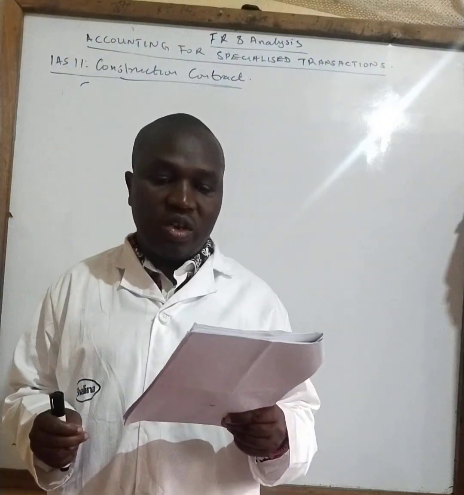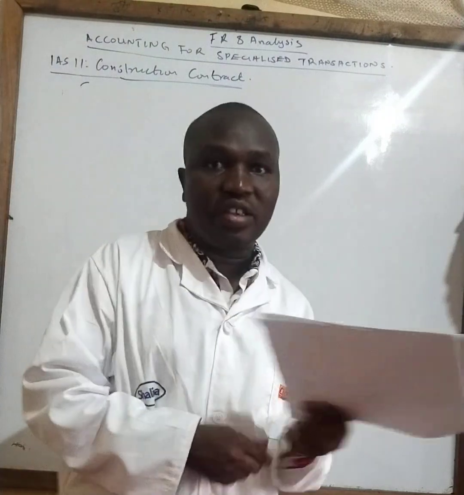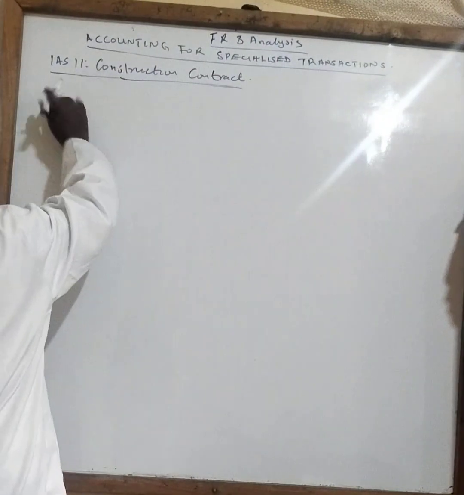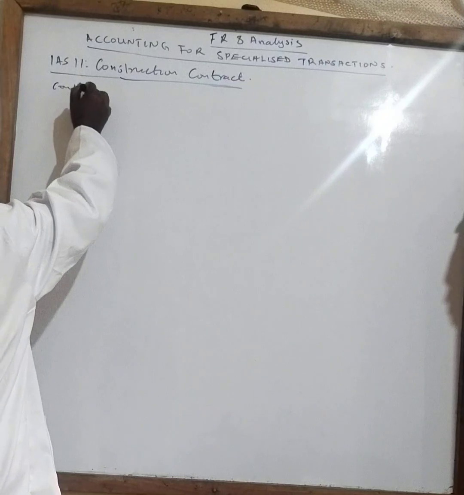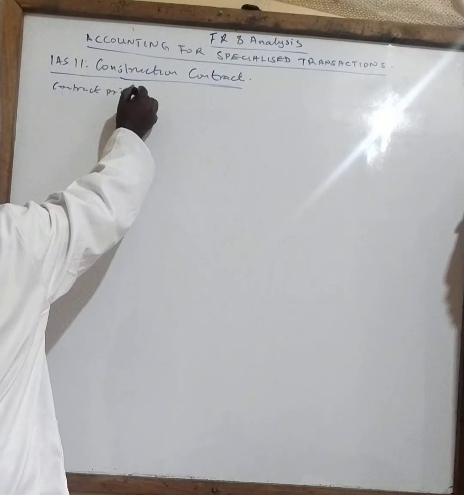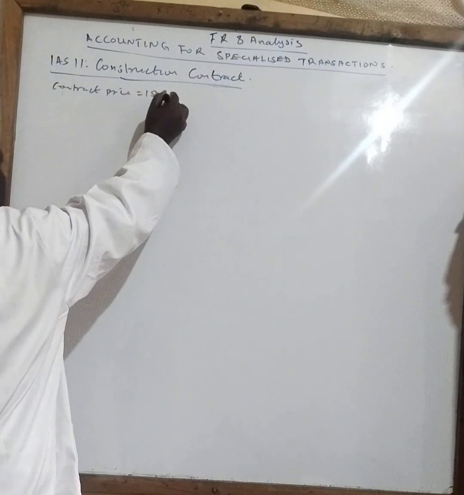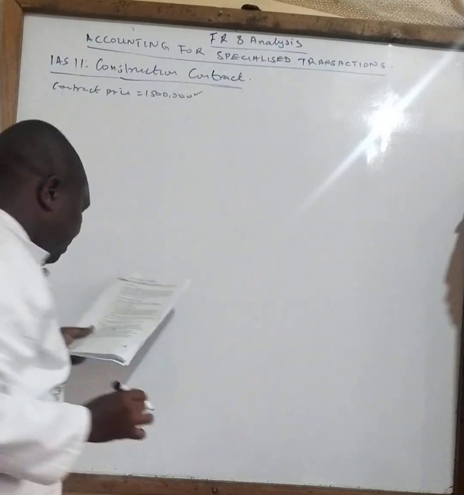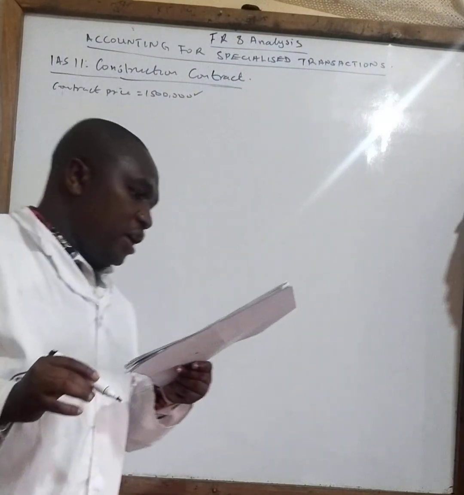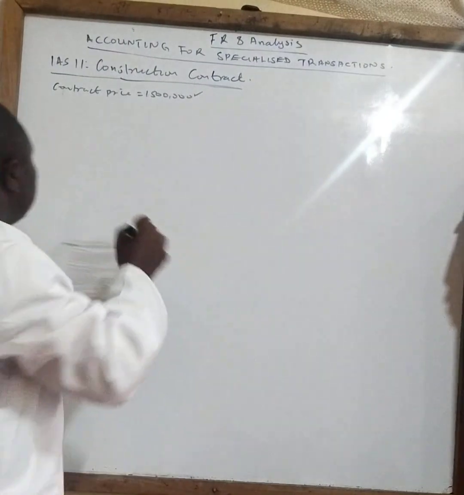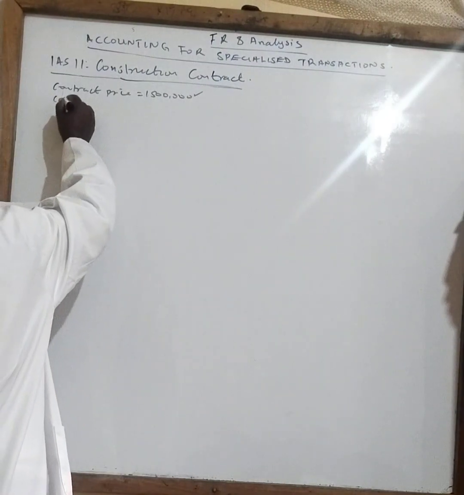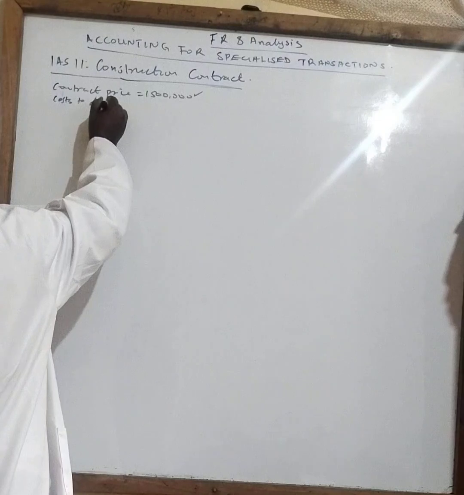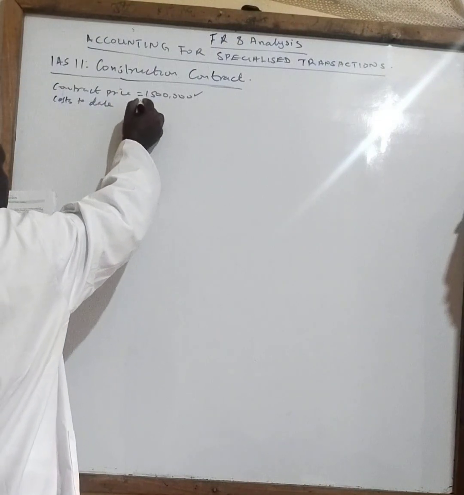Then the final contract price is 1.5 million. So I extract that information. So contract price is equal to 1,500,000. Correct. Cost incurred to date, costs to date, 600,000.